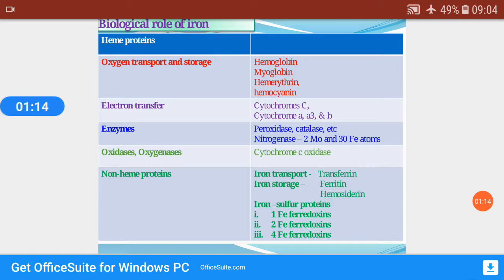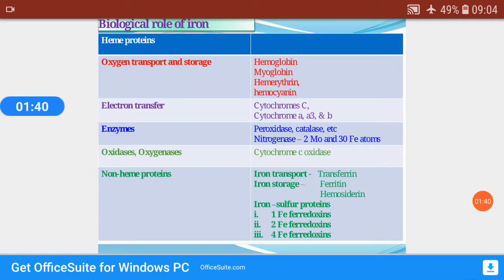We know that hemoglobin and myoglobin are the major heme proteins responsible for the transport and storage of oxygen respectively, and in some cases hemerythrin and hemocyanins are present in the lower organisms.